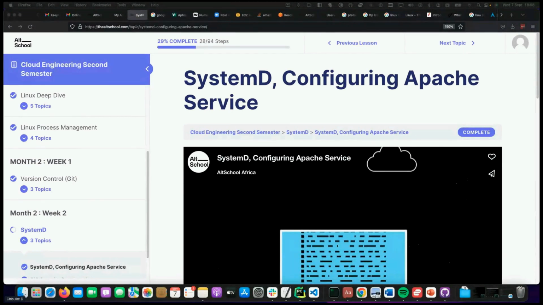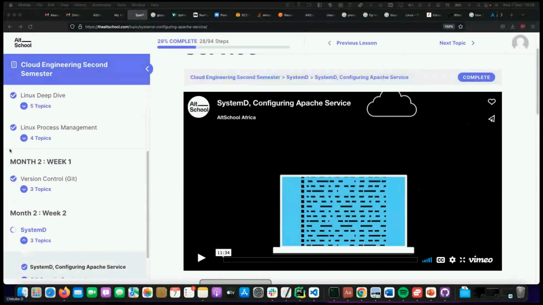So, like I said, we use systemd to manage services. Really, you don't use systemctl to manage systemd. Apparently, systemd is the package manager for all the services. You actually use systemctl to manage systemd.